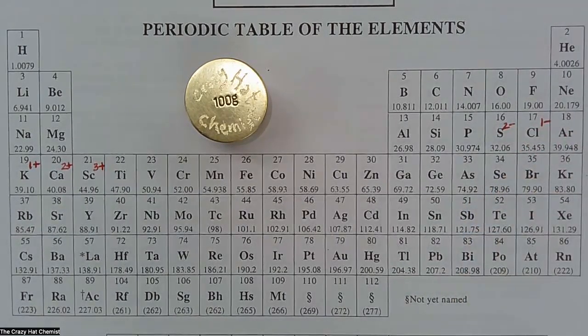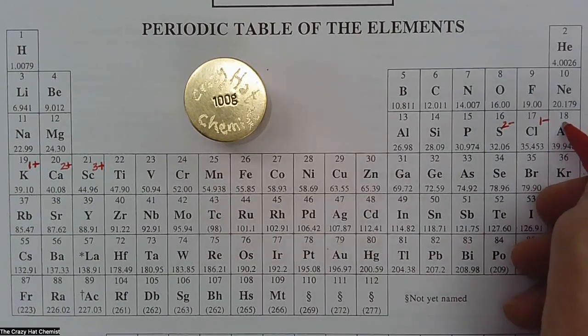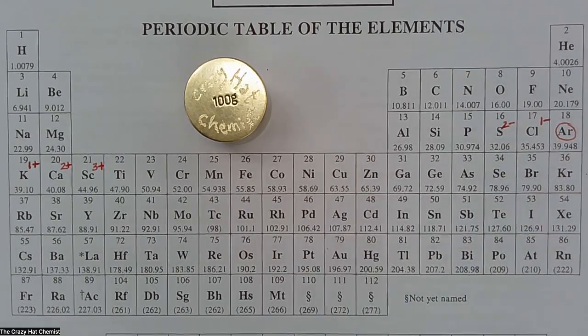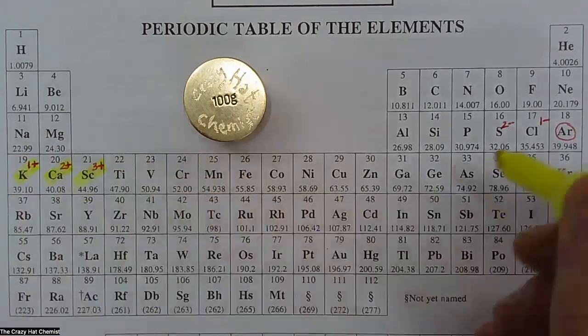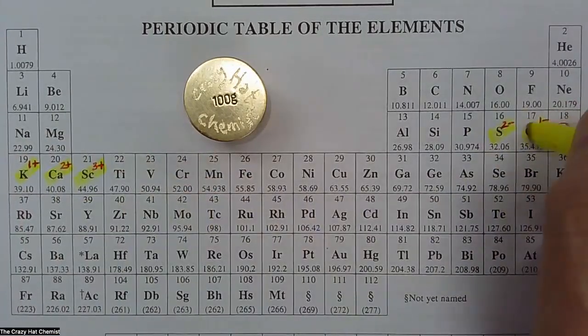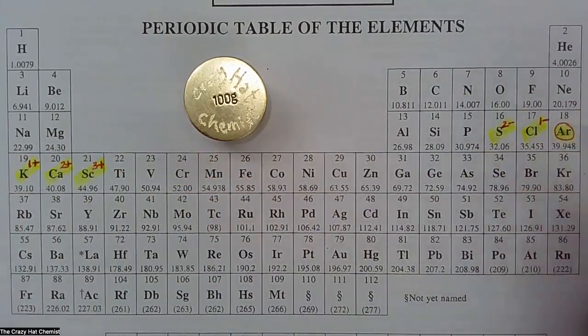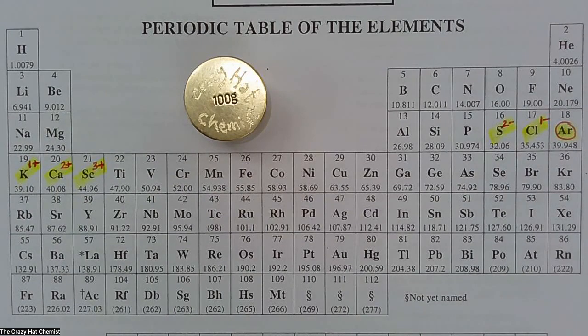These are all compared to argon. I'm going to highlight these so you see which ones we are comparing: potassium ion, calcium ion, scandium ion, sulfide ion, chloride ion, and I just wrote in argon as a direct comparison.